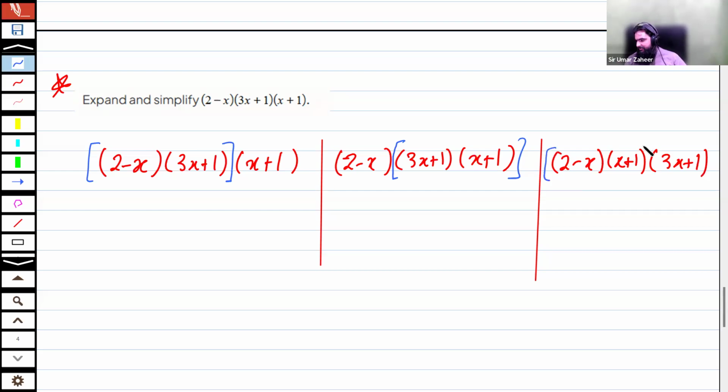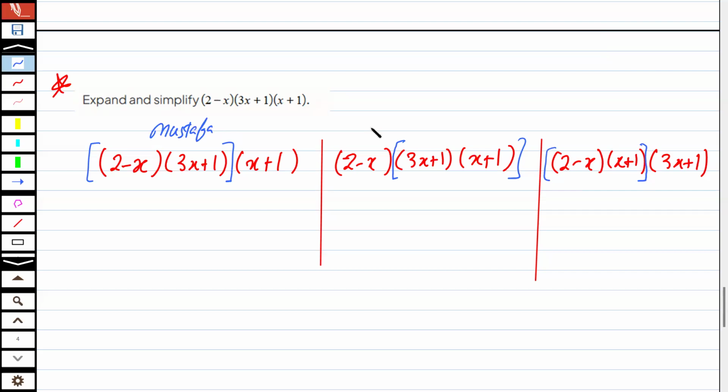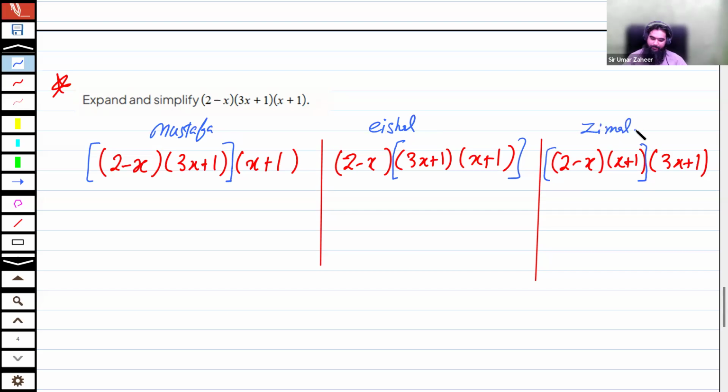You have to multiply the first two brackets first. Yes, please do this one. Okay, sir.